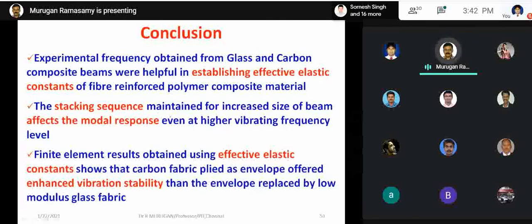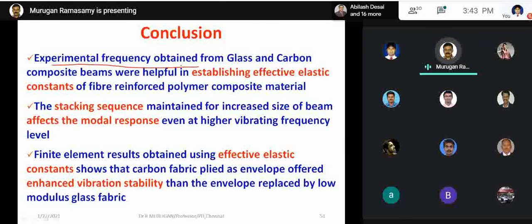So the final conclusion: we tried a non-destructive evaluation of elastic constants of the FRP composite material. That is done by using a combined experimental method as well as the finite element method. The reference is taken as the experimental modal analysis value, and by doing modal analysis using the finite element method, we are able to derive these elastic constants of the FRP material.